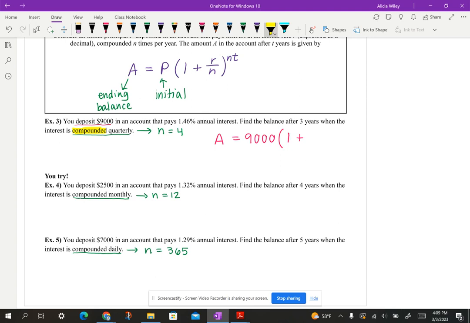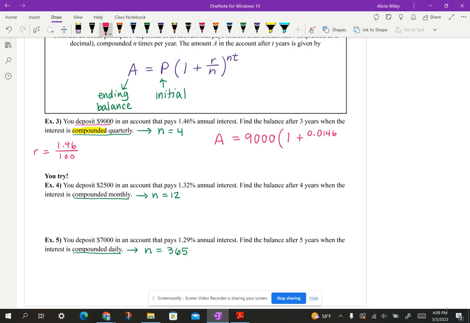So you're going to go with your rate. Our rate here that they gave us is 1.46, right? But we need to write that as a decimal. So to get that value, you can divide it by 100, or you can just move the decimal 2 places to the left. So your R is going to be 1.46 divided by 100, which is 0.0146. I'm just going to plug that in over here.